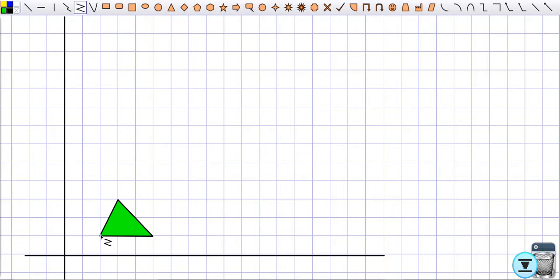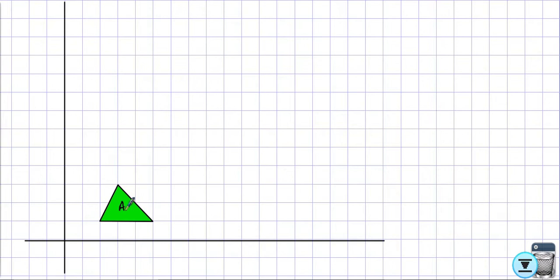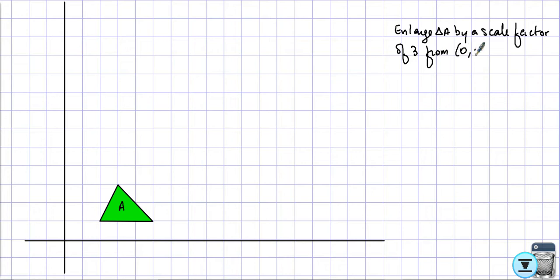Okay, and we are going to enlarge this triangle. We're going to call it triangle A. Alright, enlarge triangle A by a scale factor of 3 from the point 0, 0 from the origin.